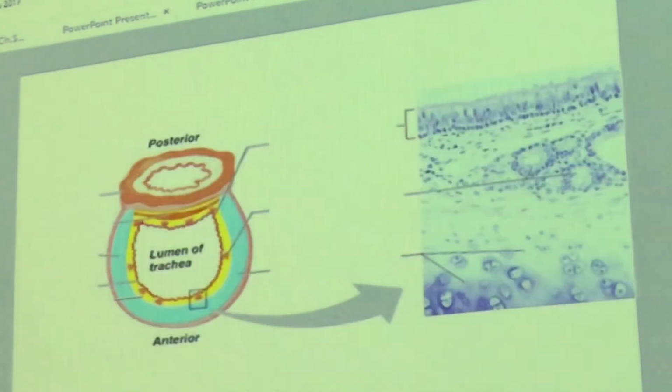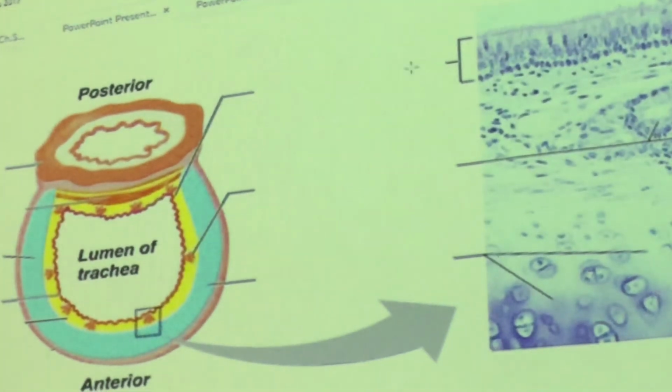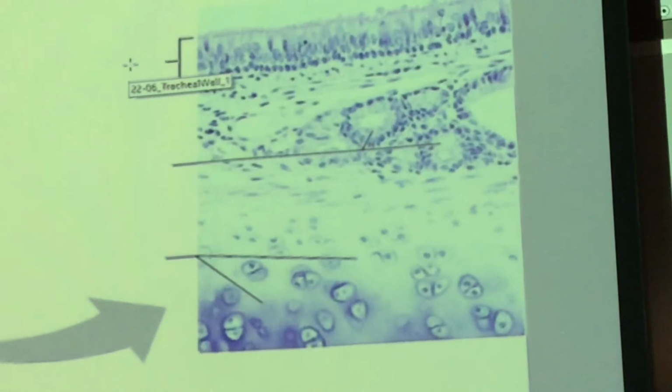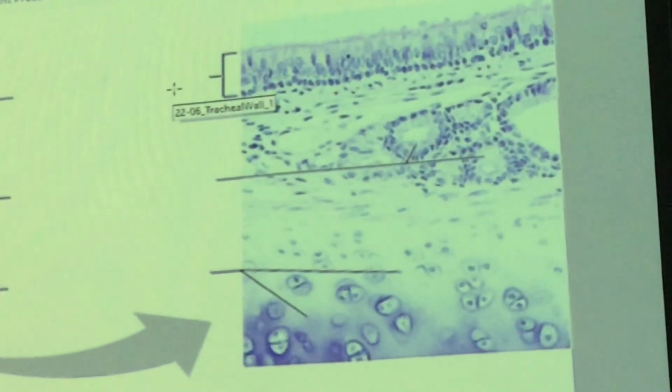Well, this is a good one because we have a lot going on here. Tissue type, start at the top. This is the lumen of the trachea, so this would be an epithelium. Is it endothelium? No, you're just throwing all the theliums down now. Is it a mesothelium?